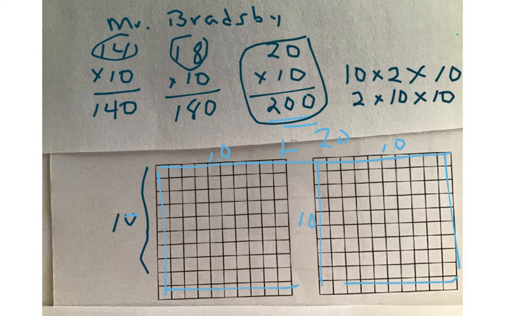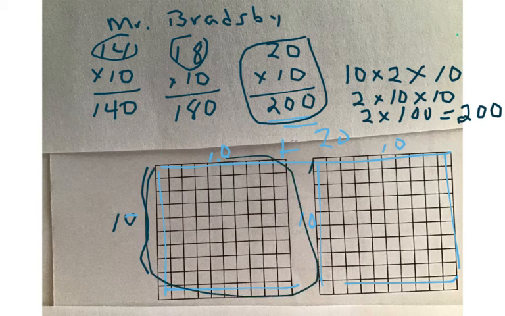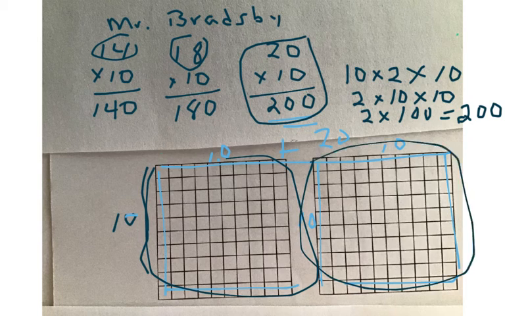And you know, we talked about 10 times 10 is 100, so what we have is 2 times 100, okay? Which is 2 100s, or 200. So mathematically, there's a way we could do this problem. But the model shows you also here that you do get 200.